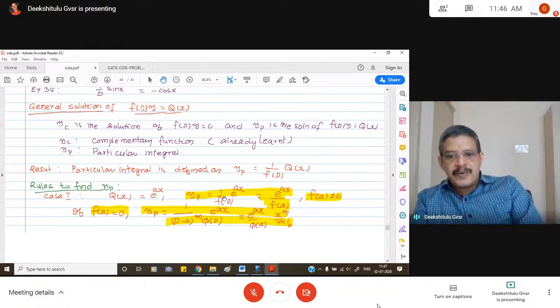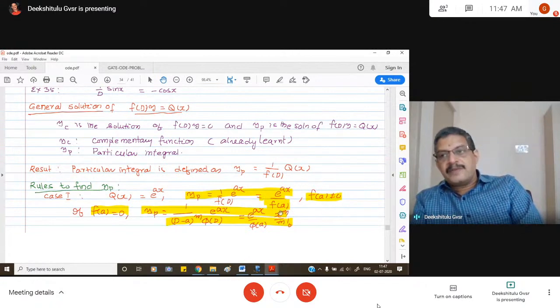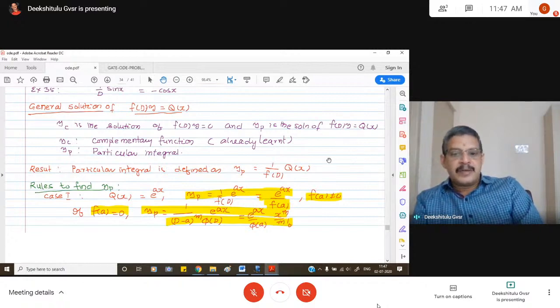I repeat, e power ax and 1 by f of D. Substitute this a in f of D, and it becomes f of a. The only danger is that as long as f of a is not equal to 0 we don't mind, and the answer is e power ax by f of a. If f of a is 0, that means, since f of D is a polynomial, a is a root of the polynomial.